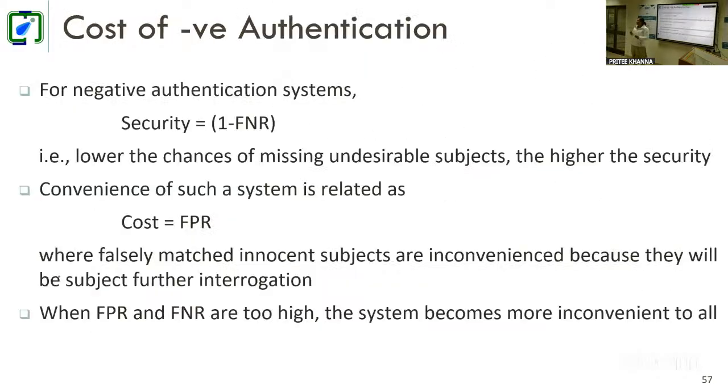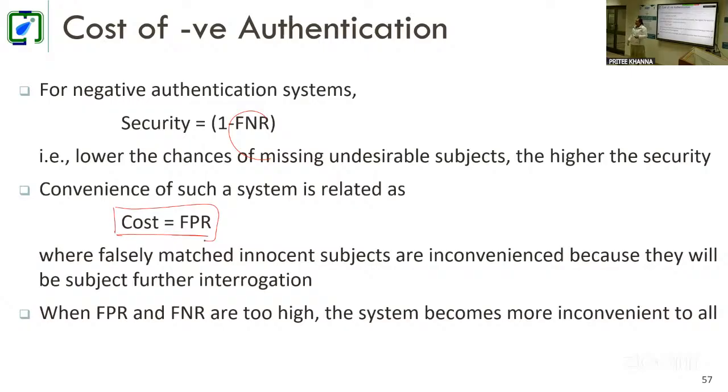Sometimes you have negative systems also, negative authentication. Till now, generally we talked about positive authentication. Here we talk about false non-match and false positive. The cost is your false positive recognition: you are looking for someone who is not there, and you say yes, you are positive.